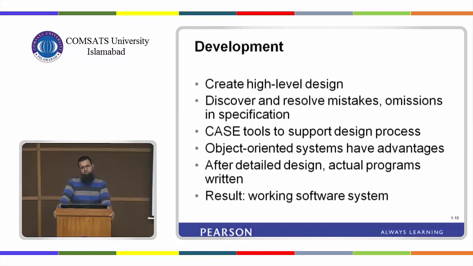And we have other benefits, other features of object-oriented programming, like cohesion, coupling, inheritance, and so on. And once we have the detailed design, then we implement that system according to the detailed design. And obviously at the end we have the working system.